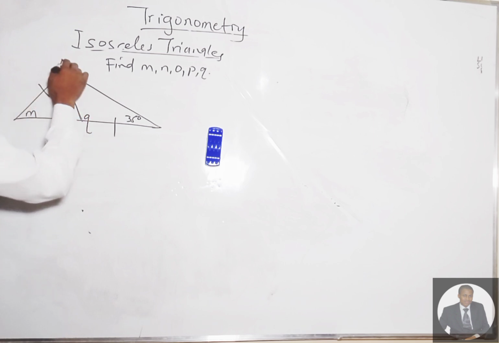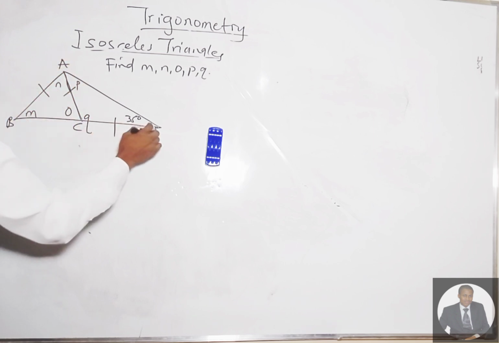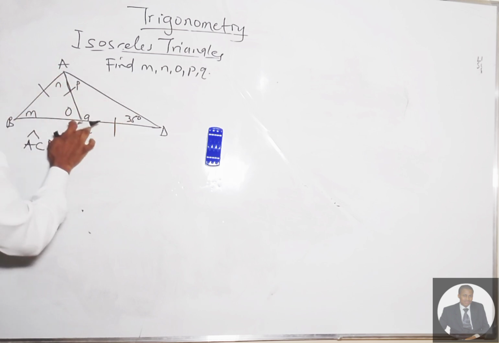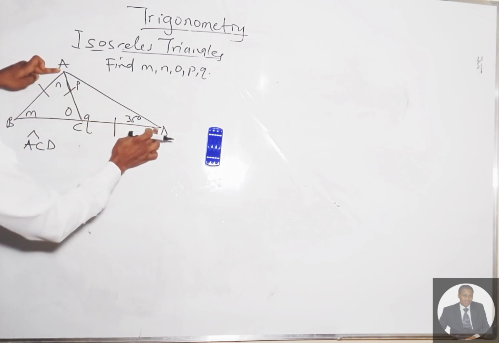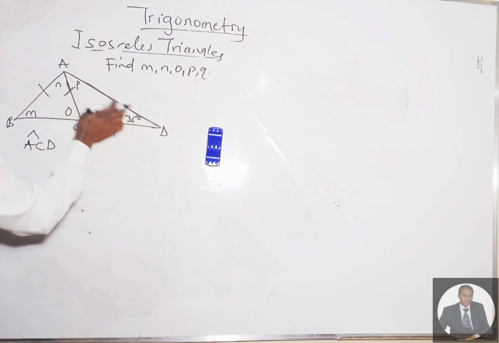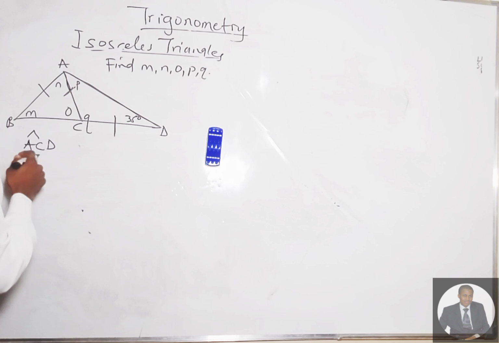Let's call this A, B, C, D. So triangle A, C, D is an isosceles triangle, and this is the base facing the two equal sides. And the angles of the base of an isosceles triangle are equal.